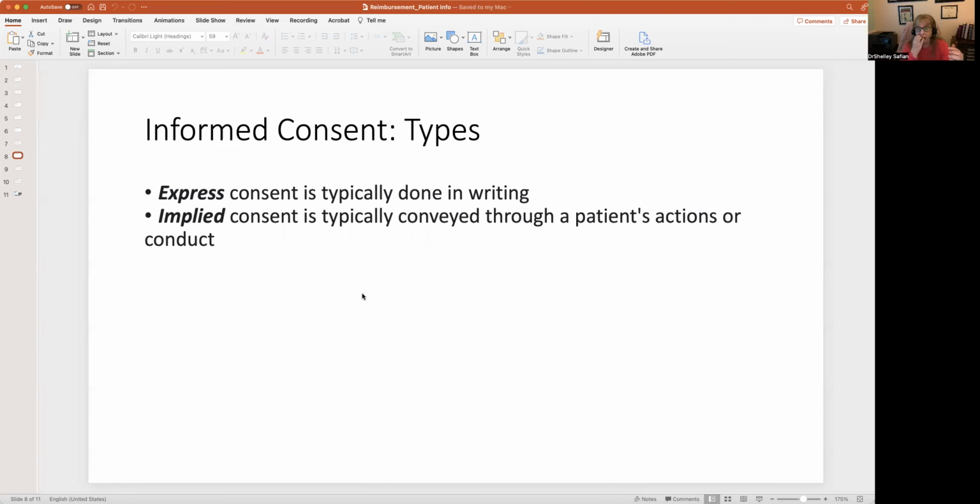So that is implied from my behavior, as opposed to express consent, which is done in writing, no questions about it. In this case, express does not mean fast, it means undeniable.